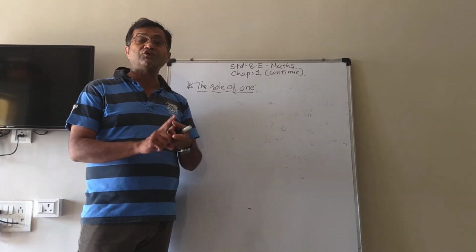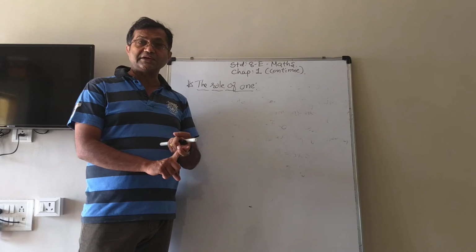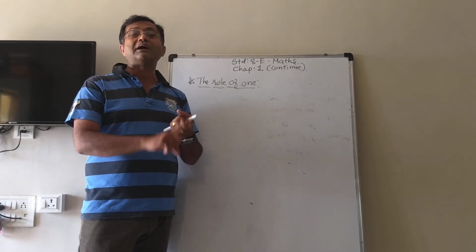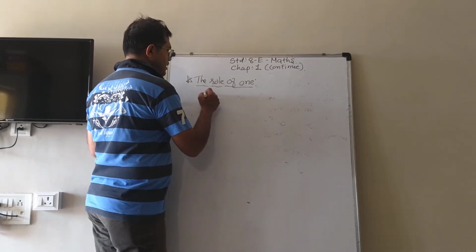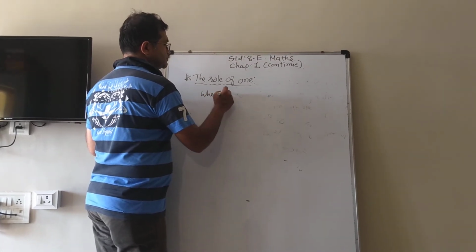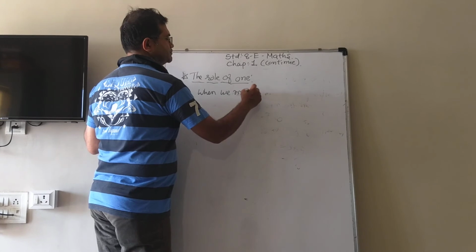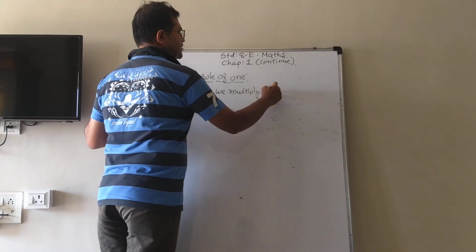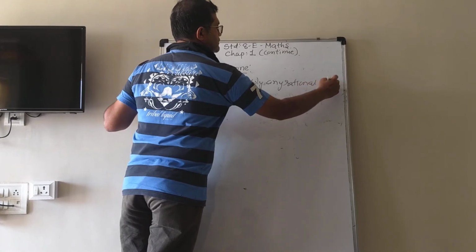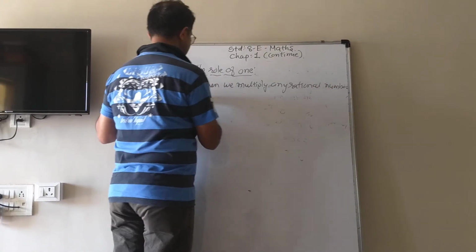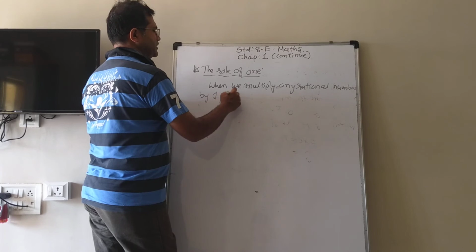It means that 1 is called the identity, but for the multiplication. So we will write: when we multiply any rational number by 1, we get the same number.